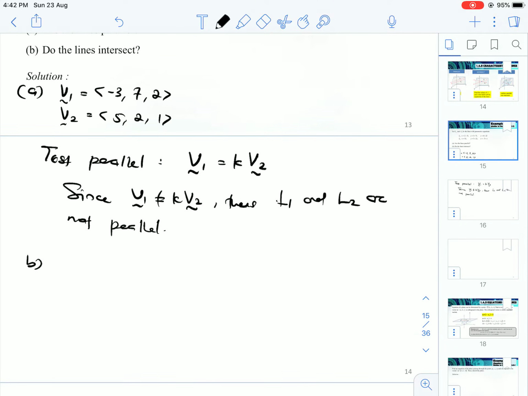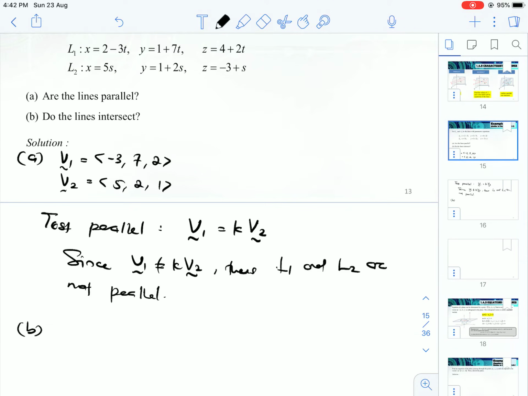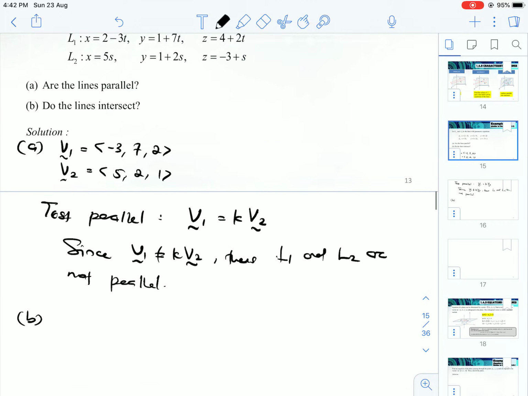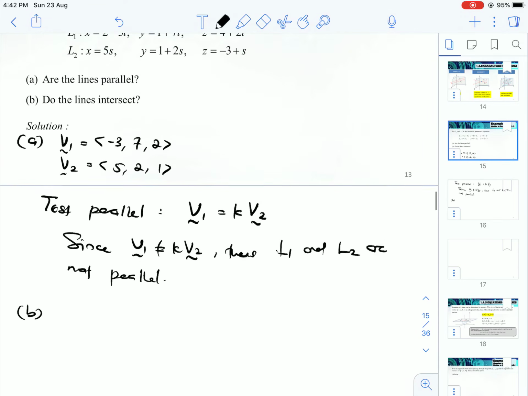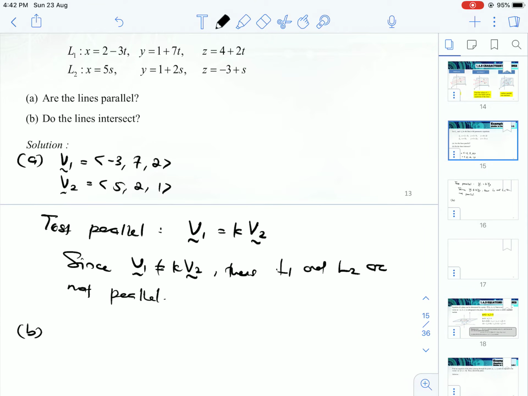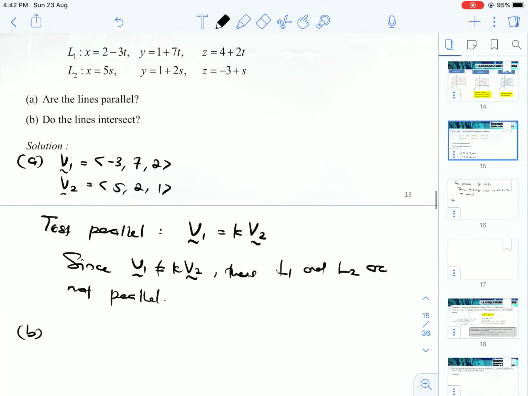Okay, question B. Do the lines intersect? What we should do here is form equations for x, y, and z.